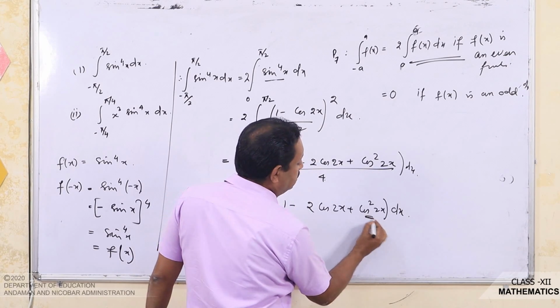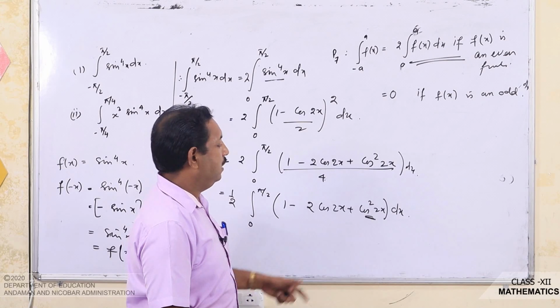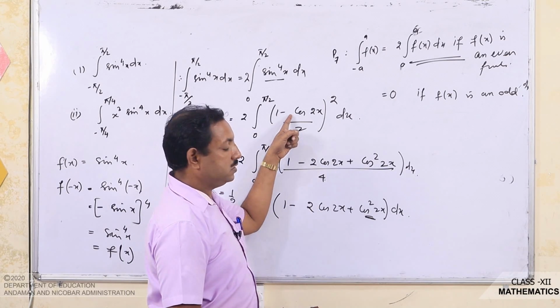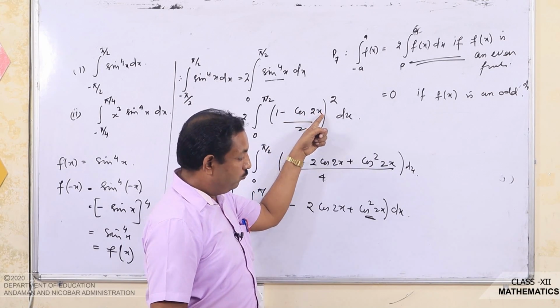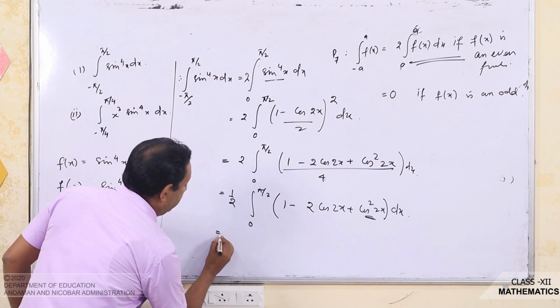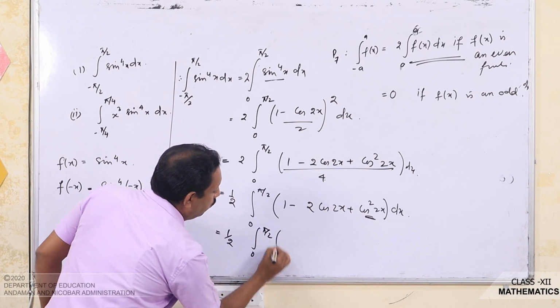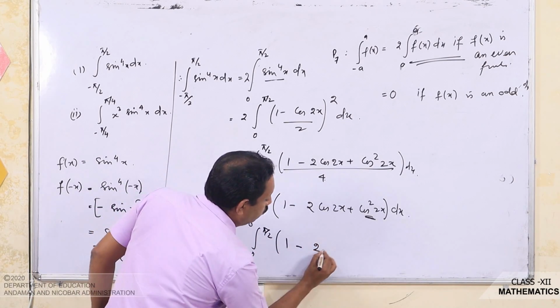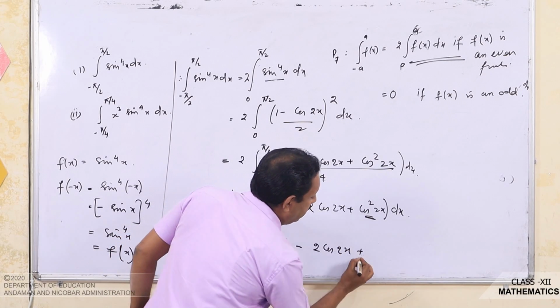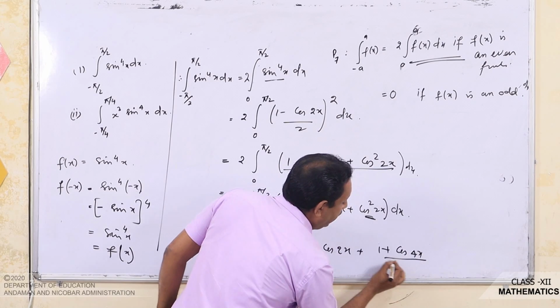Now, again you can change this cos square 2x. So, cos square 2x we can write as 1 plus cos 4x by 2. So, that means you can write it as 1 by 2 times the integral from 0 to pi by 2 of 1 minus 2 cos 2x plus 1 plus cos 4x by 2.